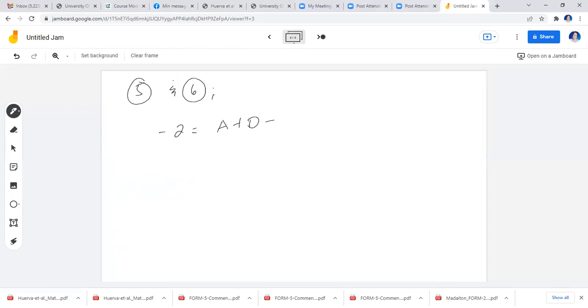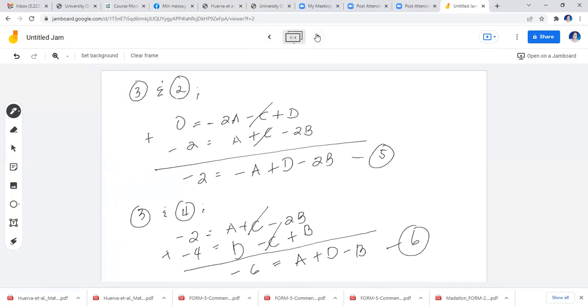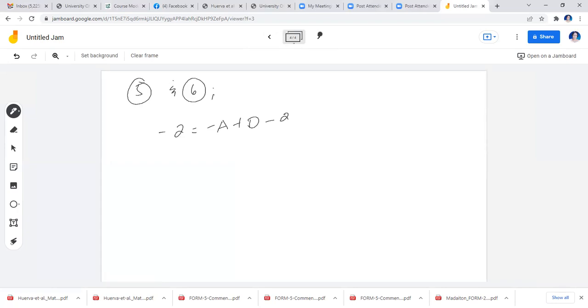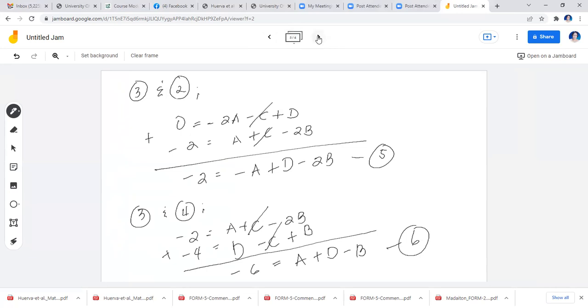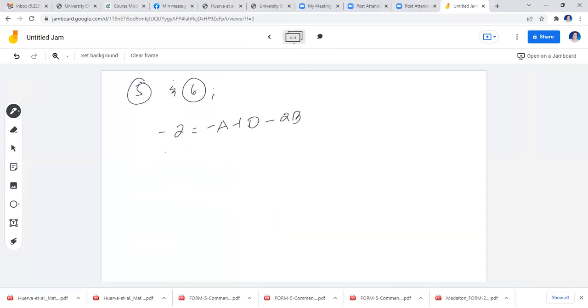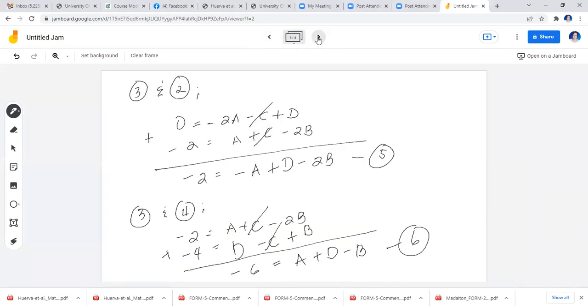Minus a plus d minus 2b. Then for 6, negative 6a plus b minus b.